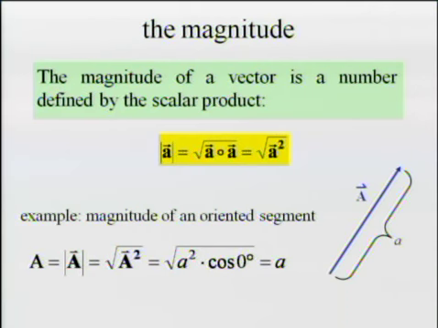Well, how about if we now make a quiz? You will shout what letter we should use, regular or bold. If I want to use a symbol for a vector, I use what letter? Shout. Bold. Correct. If I use a symbol for the magnitude of a vector, regular. Correct.